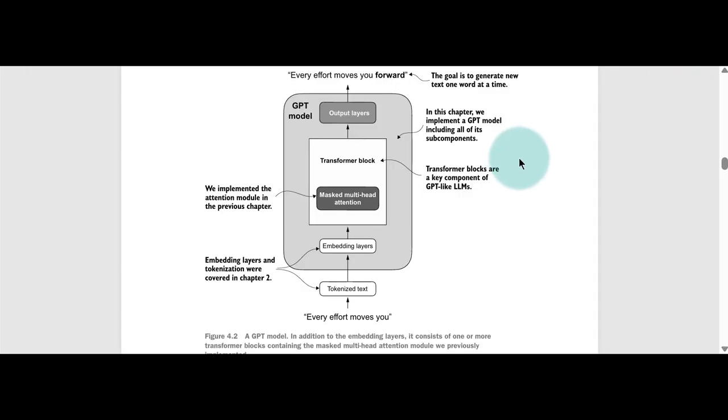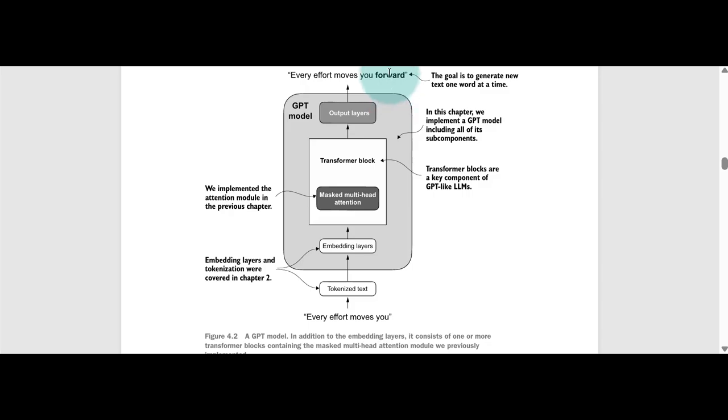So he has this picture of what the GPT model does, and what it does is you put in some text and you go through a bunch of stuff, and then you get out text, but you get a predicted new token.